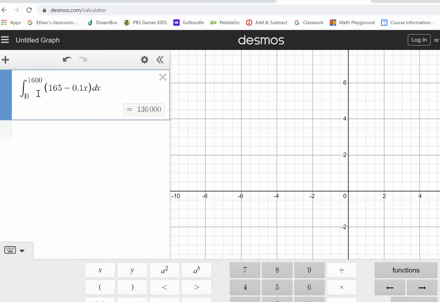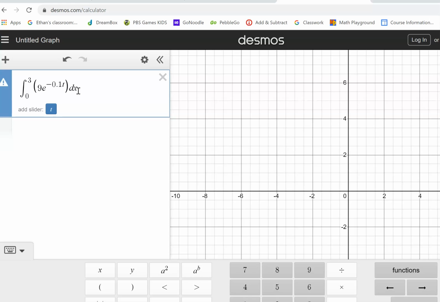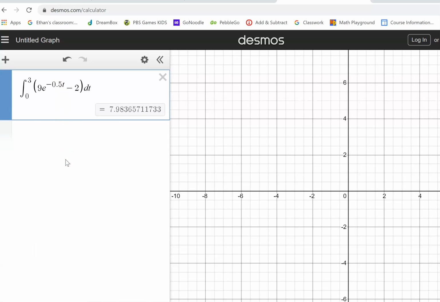I'm going to go from 0 to 3. And then it was 9e to the negative 0.1t minus 2. I did that off memory. Was that correct? It should be to the negative 0.5t. Oh, the negative 0.5t? Okay. Sorry, I was doing that off memory.